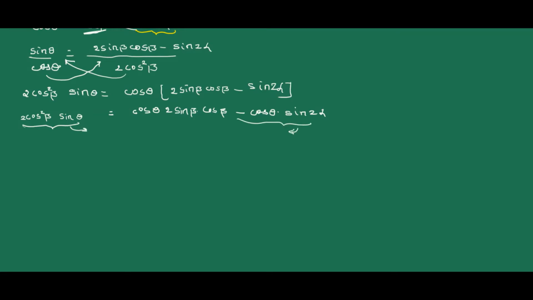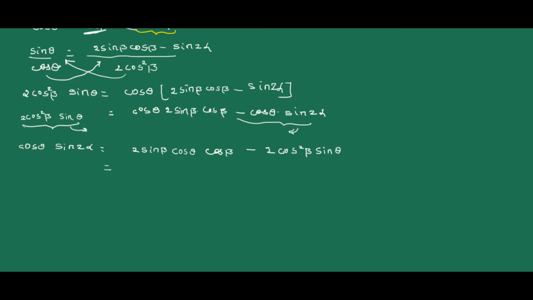Transpose this left hand side term to the right hand side and this last term to the left hand side, so that we get cos theta into sin 2 alpha is equal to 2 sin beta cos theta into cos beta, and transpose this term to the right hand side, means you will get minus 2 cos square beta into sin theta.